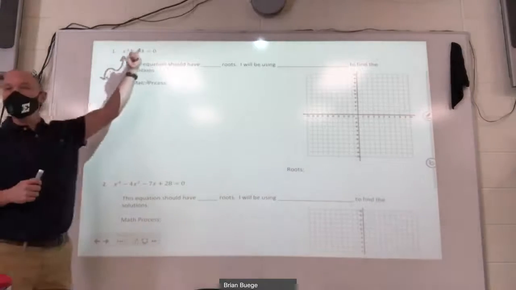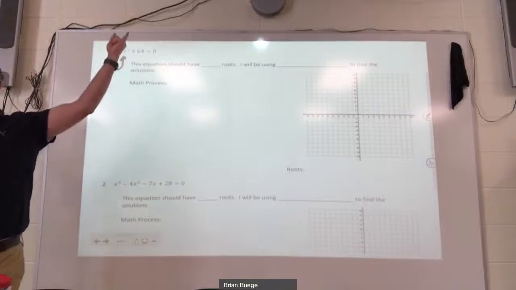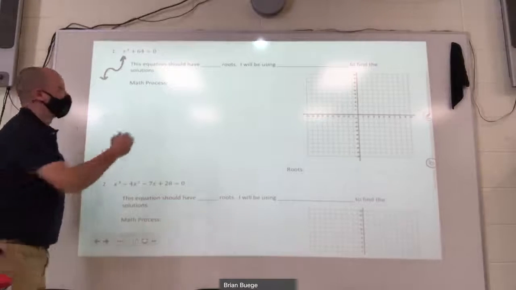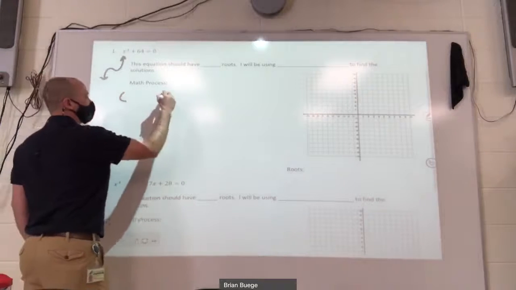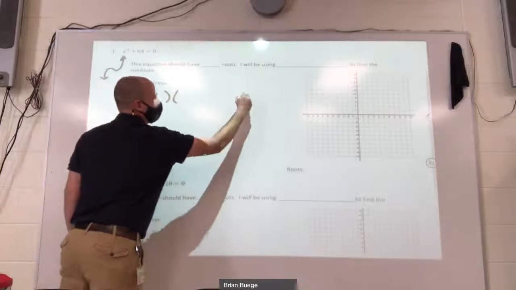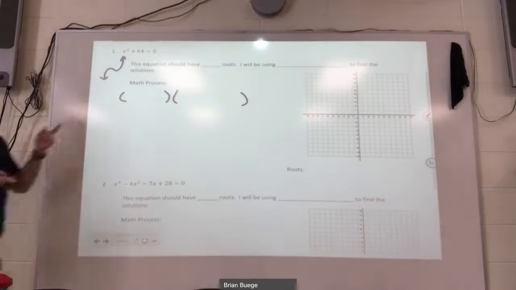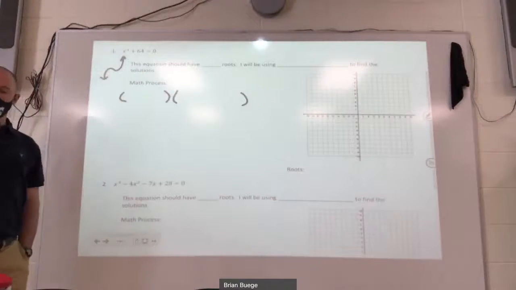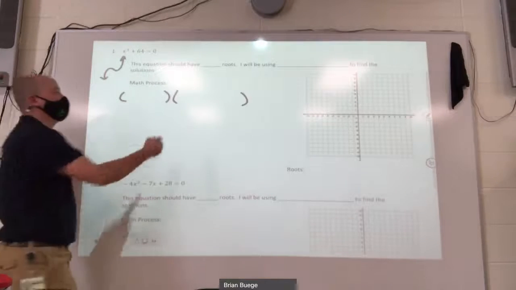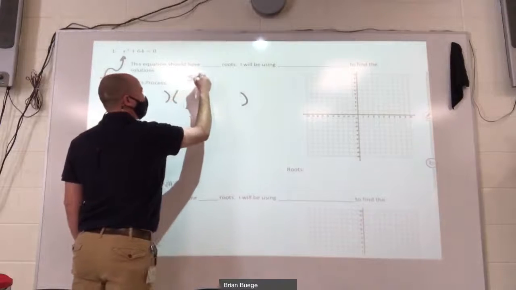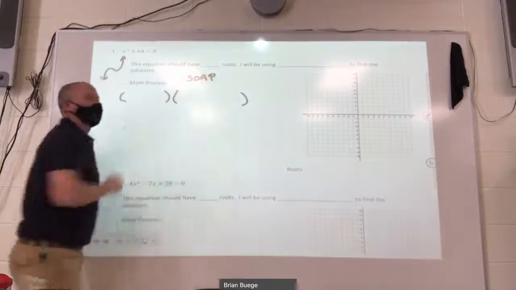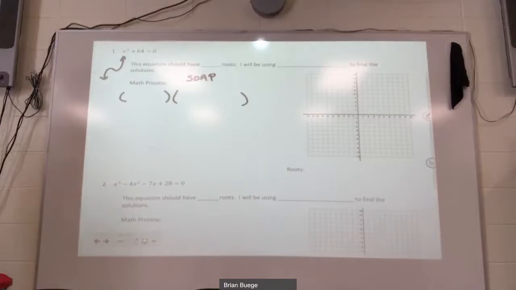All right, so we're going to take a look at a sum of cubes here. If I factor that, we're going to factor it into 2 parts. You've got a binomial and a trinomial. And if you remember, this is another thing you may want to write next to your sum and difference of cubes. Remember I told you the idea of how you remember the signs? SOAP. Okay, so you may want to put that.